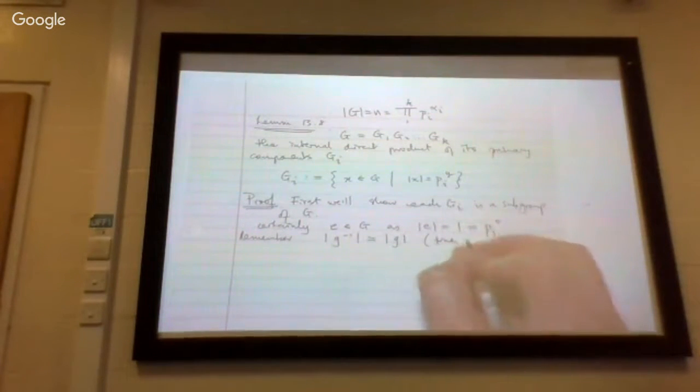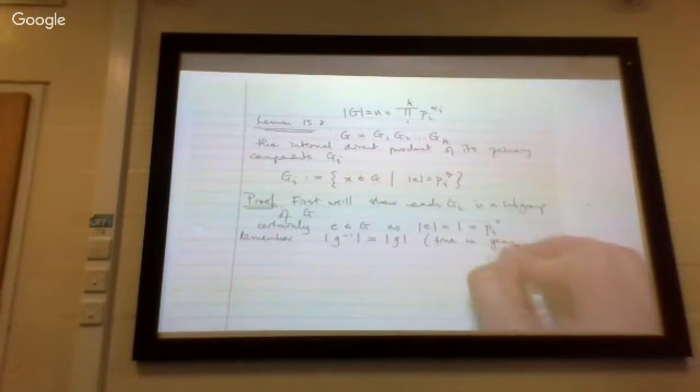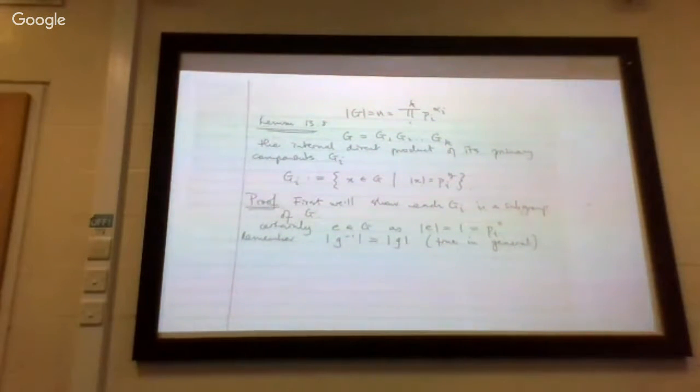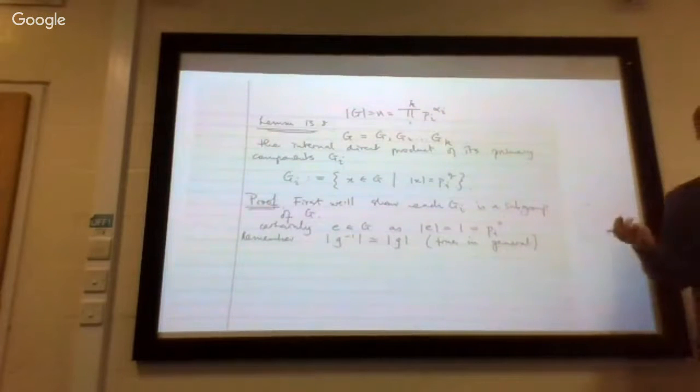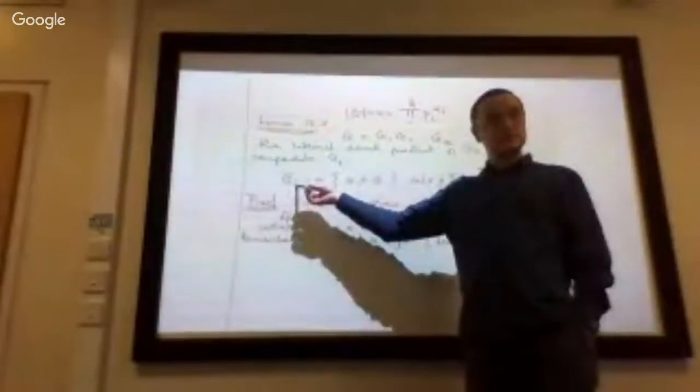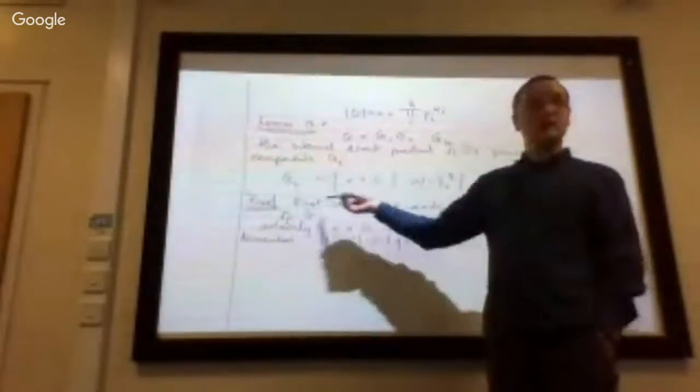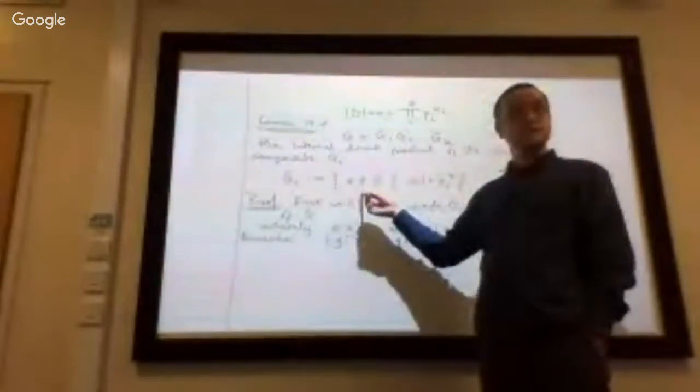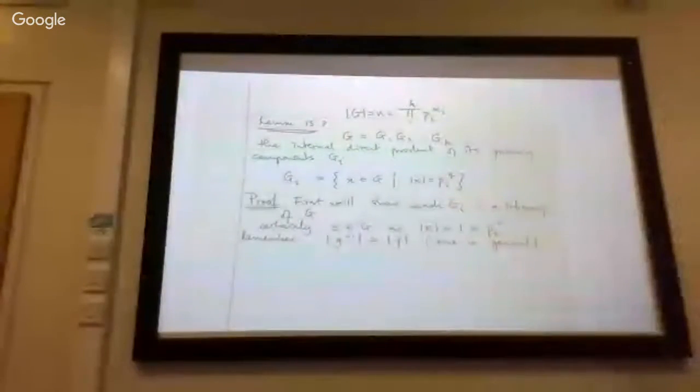Any group element has a certain order, be it finite or infinite, and its inverse will have exactly the same order. So certainly this set is closed under inverses. Whatever elements are in here, their inverses in G are also in there. Then the main thing we have to prove is that it's closed under the group operation.